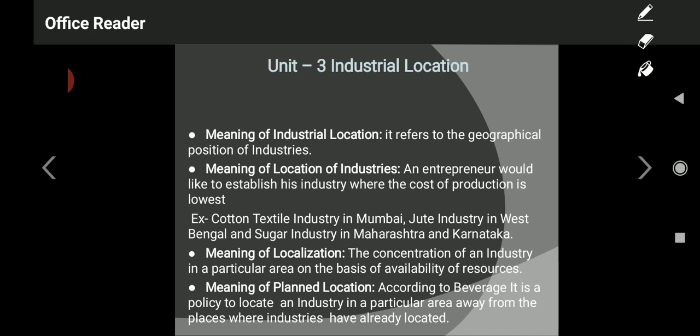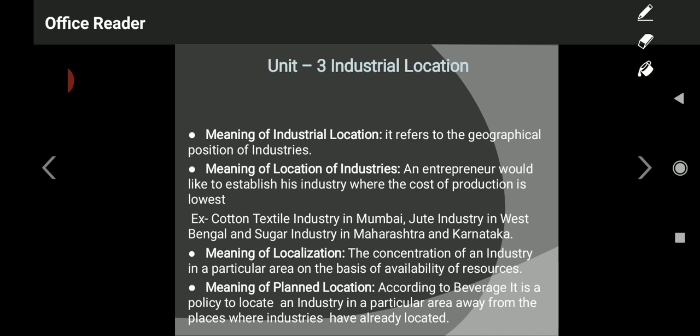The 15 marks questions will be: explain Alfred Weber's theory of industrial location, and one more 15 marks question: explain the Sargent-Florence theory of industrial location. So this is the picture of this particular topic. Now let us start with the meaning of industrial location. It is very interesting. Try to understand, all of you.